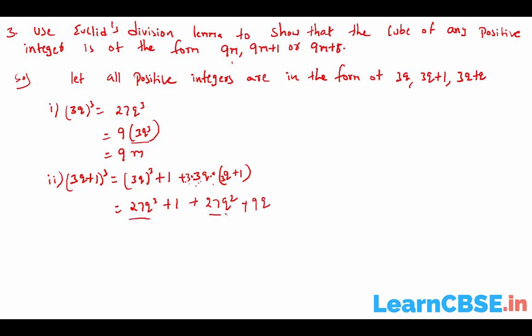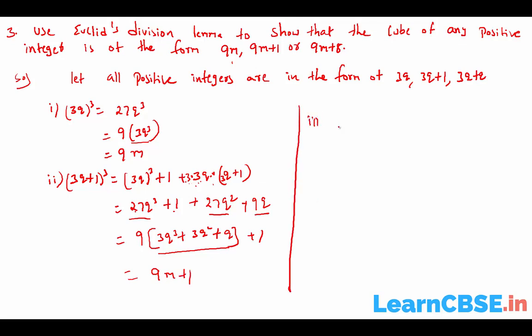If we observe this, in these three terms I can take 9 common, yes. Take 9 common, we are left here with 3q cube plus here 3q square plus here q, and at last plus 1. I'm taking this as constant m, so I can write this as 9m plus 1.